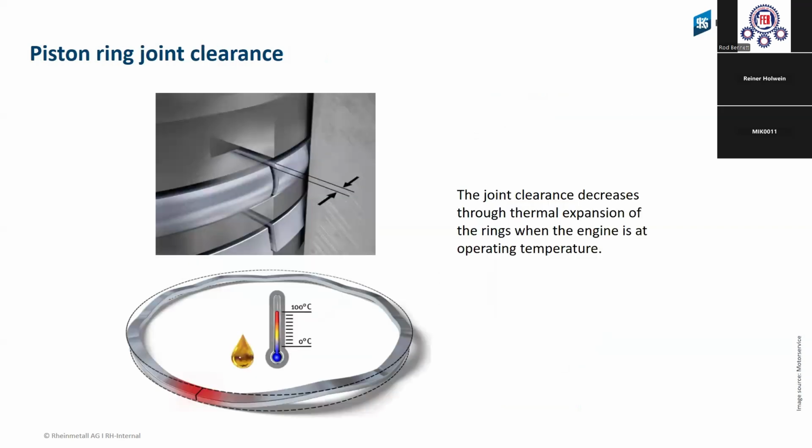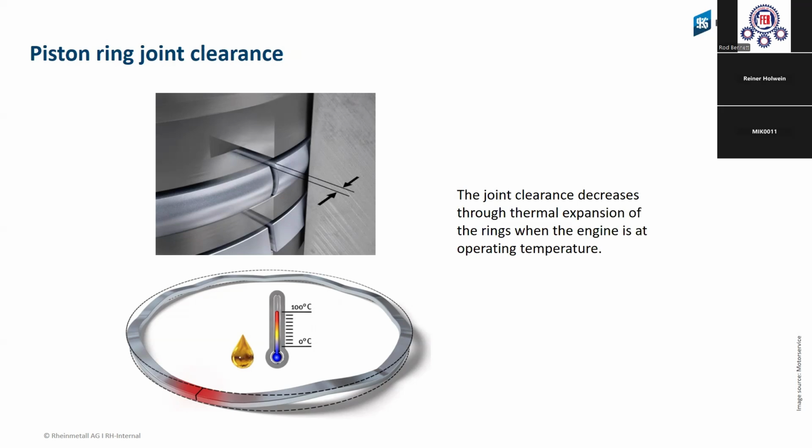The piston ring joint clearance, we need it because, as we saw before, we have temperature on the piston and the temperature goes to the piston ring, and this piston ring will also grow a little bit because of the temperature. And this is why we need clearance on the piston rings, so that they will not be blocked.